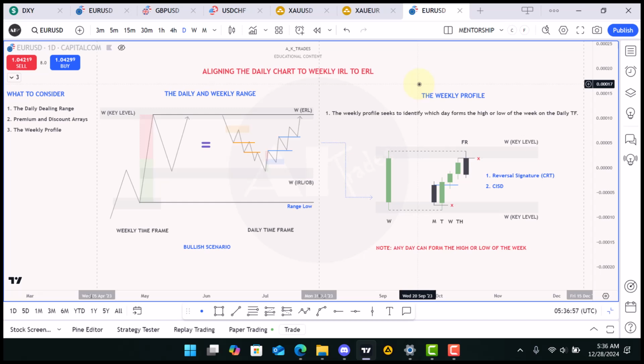Yes, you can decide to trade exactly how I'm doing, or depending on your trading style, the type of trader you are. Like I said, I'm more or less an intraday trader. If you want to be more like a scalper, then you have to drop down your time frame alignment. Instead of using the weekly, you can even use the 4 hours as your higher time frame, the 15 minute, and then 1 minute for your executions.